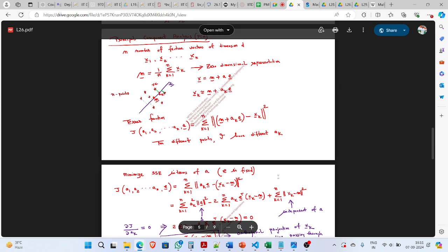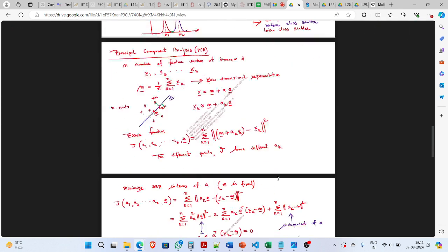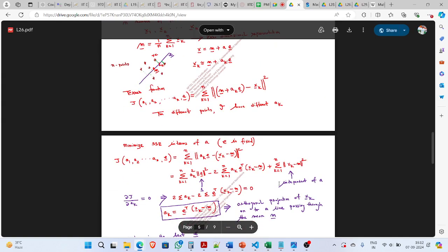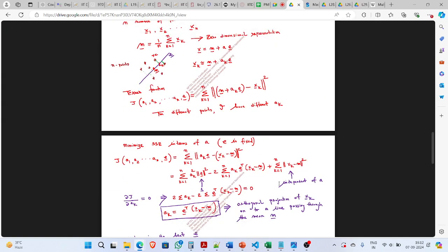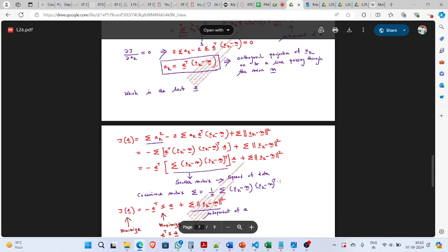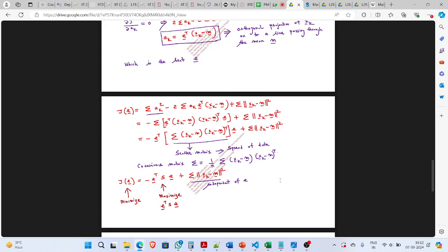In the univariate situation we do it like this, and next we progress on to the multivariate case. So for the multivariate case, how do we define this?